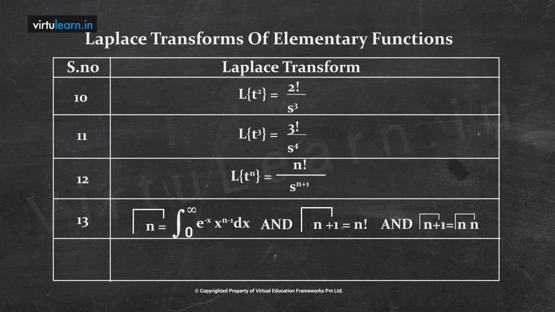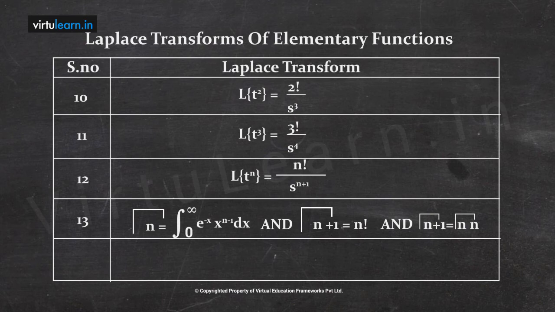This is an improper integral. When the limits are infinity or minus infinity, that is an improper integral. One more formula: gamma n plus 1 equals n factorial. This you have to remember.